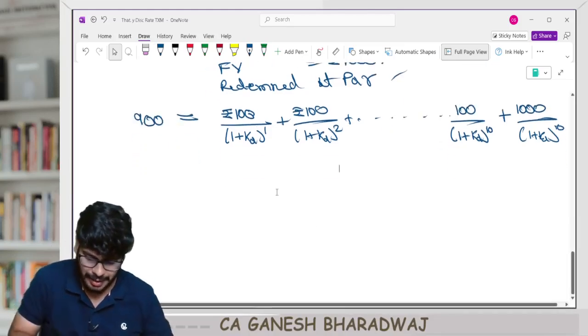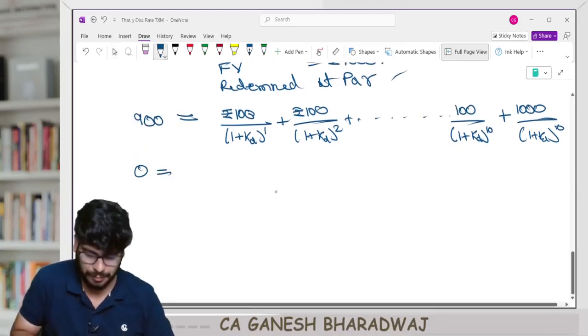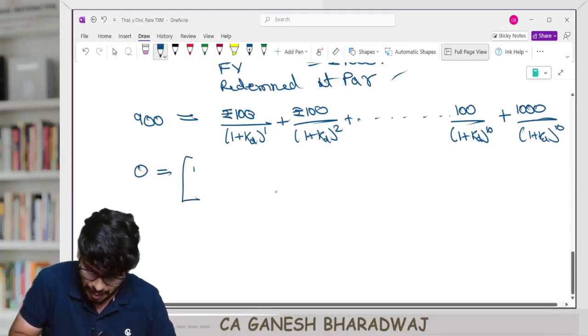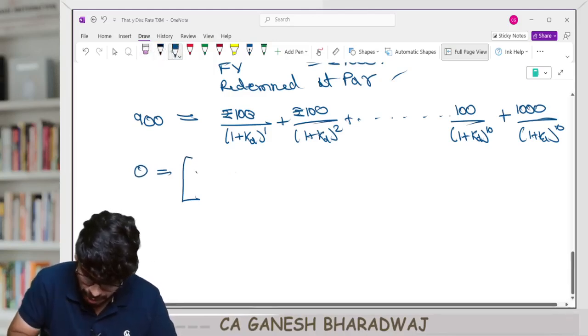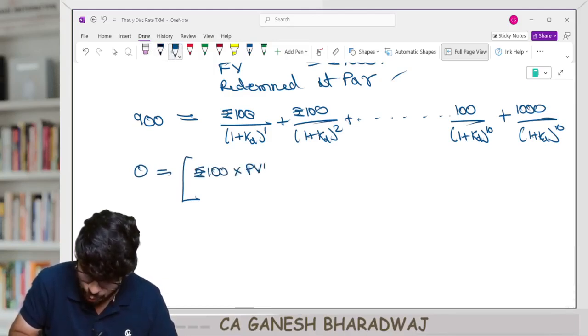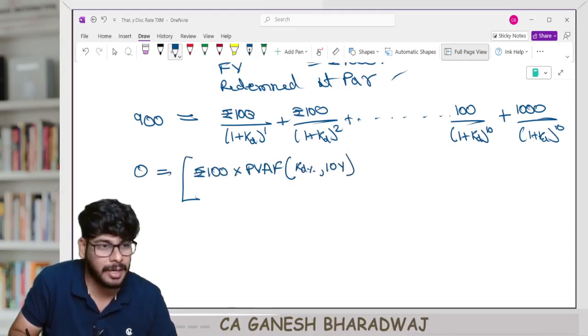Or in other words, can I say 0 is equal to, I'm just putting this as a single equation, rupees 100 into present value annuity factor of KD percentage for 10 years, correct?